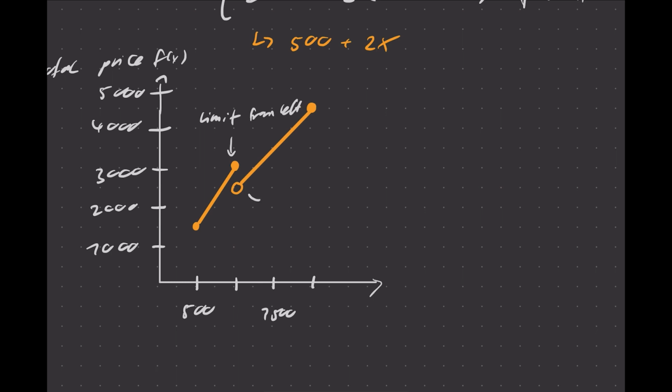Whereas this here is a point that you would be approaching if you order 1,000 liters but approach from above. So if you start with a higher order and then decrease your order until you're just above 1,000 liters, this is the point that you're approaching. So this could be called the limit from the right, from above.